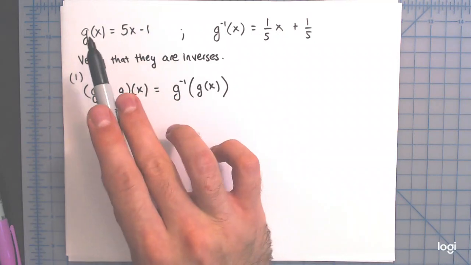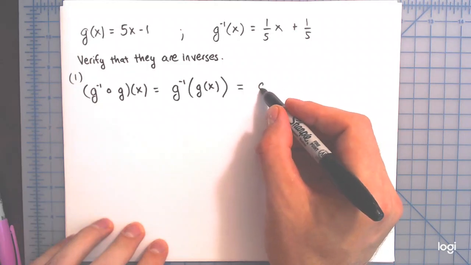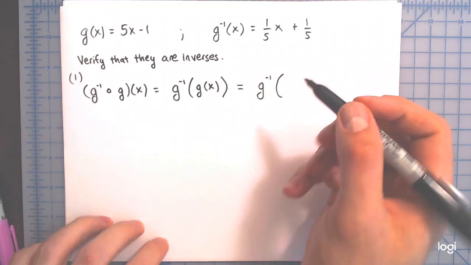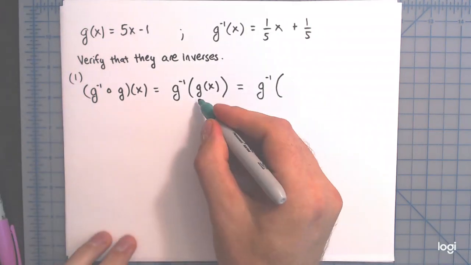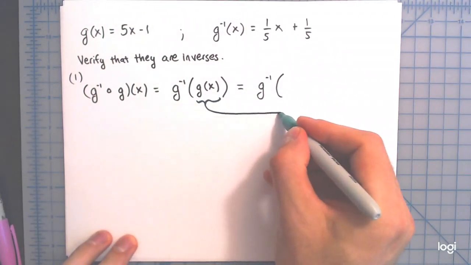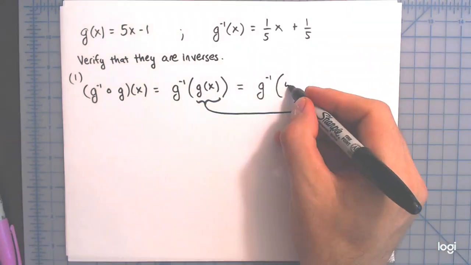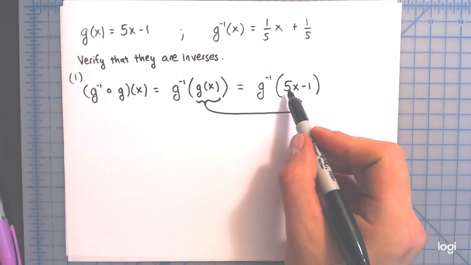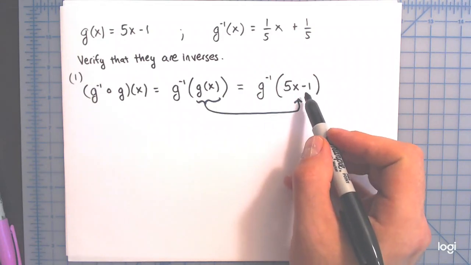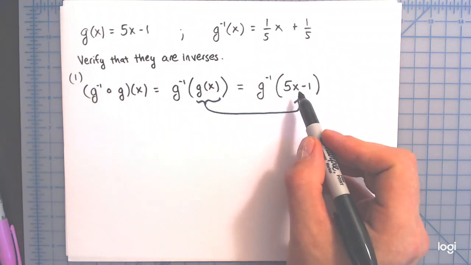When I plug x into g, the output is 5x minus 1. So this gives me g inverse of 5x minus 1. And then this output, this 5x minus 1, becomes the input for g inverse. So I plug this into g inverse.